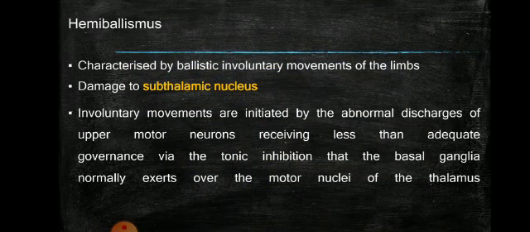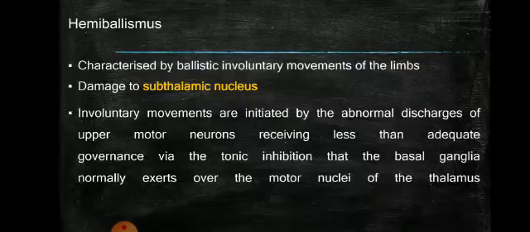Usually it occurs all of a sudden, and ballism occurs when the subthalamic nucleus gets damaged. Hemiballism is more common than ballism, and hemiballism occurs due to hemorrhage in the subthalamic nucleus of the opposite side of the brain. So, I think that's it, and athetosis and chorea are already done.